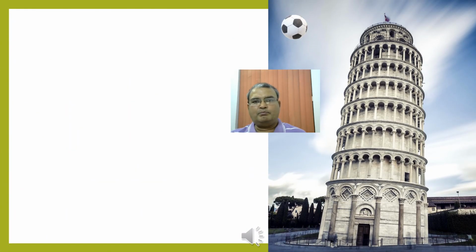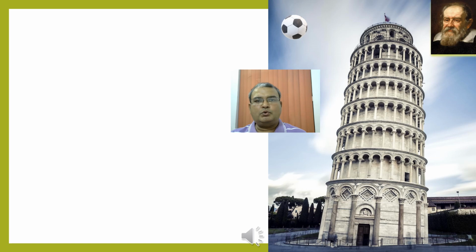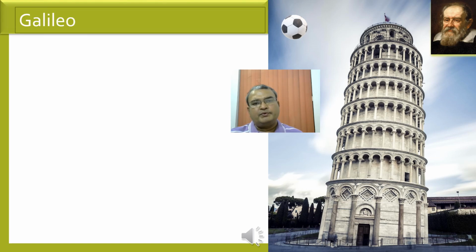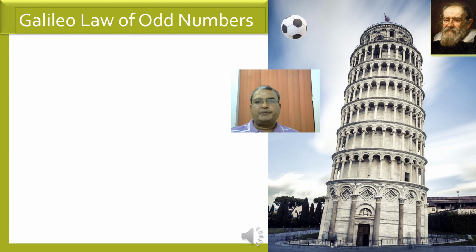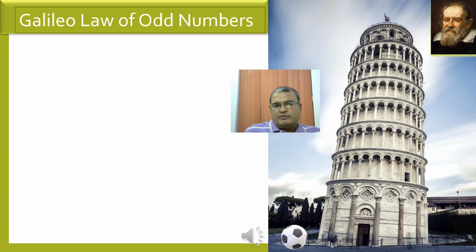In my view, problems based on a freely falling object can easily be dealt with the help of Galileo's law of odd numbers, which is based on his famous experiment carried out by the Italian scientist Galileo. He is said to have dropped spheres from the Leaning Tower of Pisa.